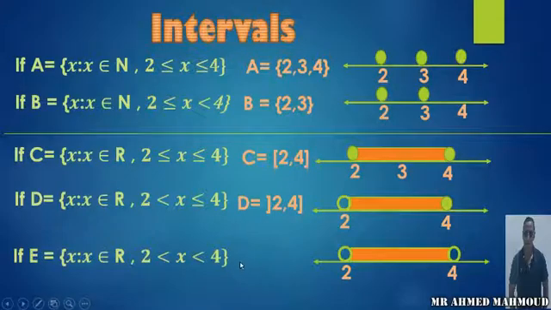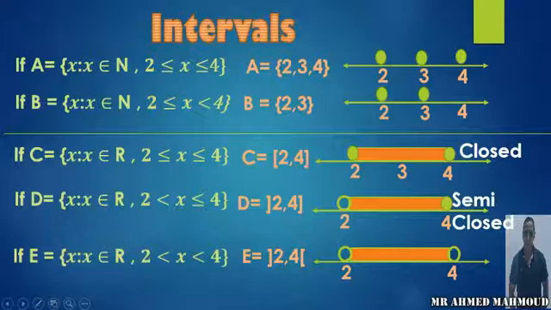It will be in the form of interval like this. 2 and 4 are the limits of the interval, and the brackets face outside because 2 does not exist and 4 does not exist. Here we have 3 kinds of intervals. The first one is closed from both sides, which is called a closed interval, and the second one is closed from one side and opened from the other side, which is called a semi-closed or semi-opened interval.